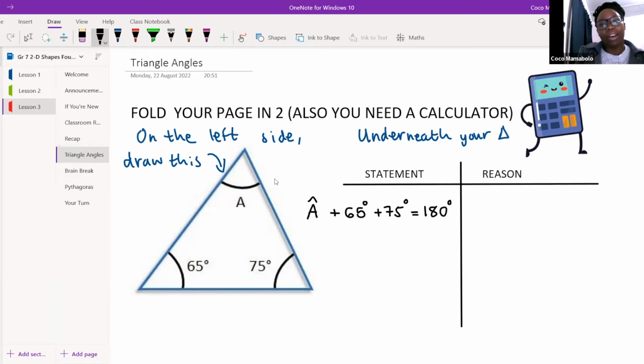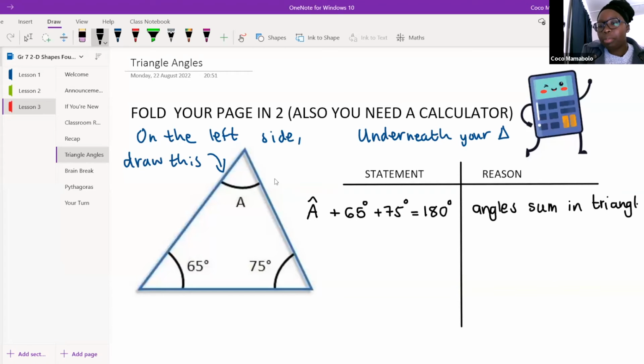Okay. Now, if they all equal 180 degrees, I need a reason for this. And my reason for this is because the inside angles of a triangle equal 180 degrees. But the way I'm going to write it is I'm going to say angles sum, because sum means adding. I need to write sum in triangle.